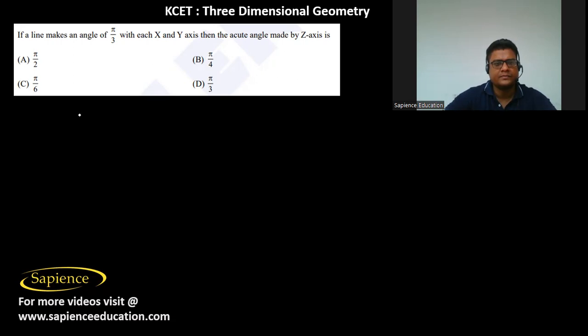So here it is told, if a line makes an angle of pi by 3 with each of x and y axis, then the acute angle made with z axis.